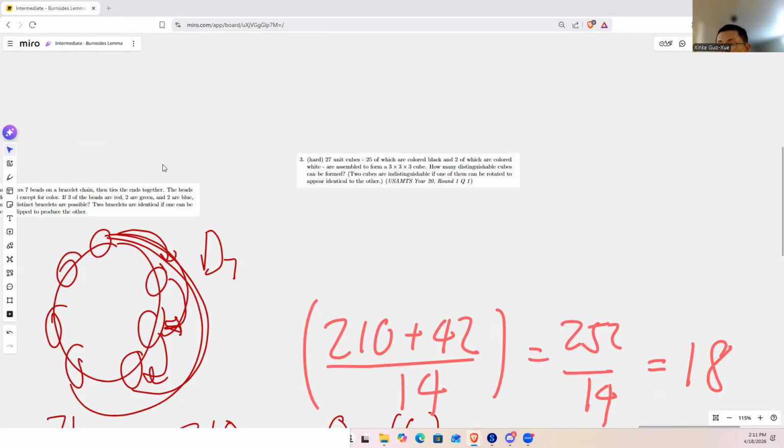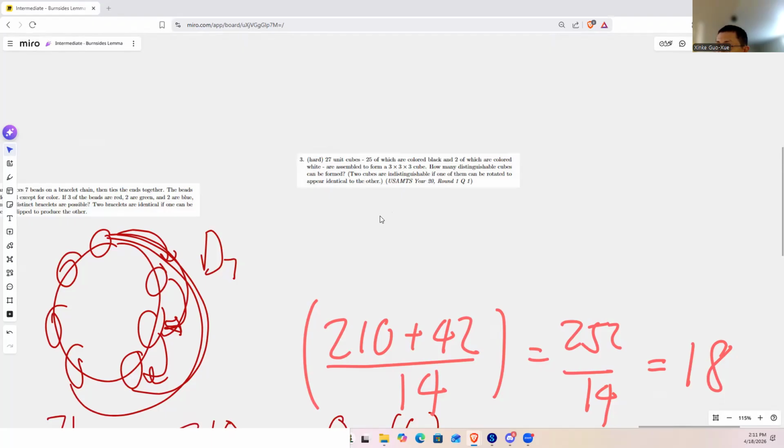Okay, so let's look at this problem from the USAMTS. You have 27 unit cubes in a 3 by 3 by 3 cube, and 25 are black, 2 are white. How many distinguishable cubes can be formed?